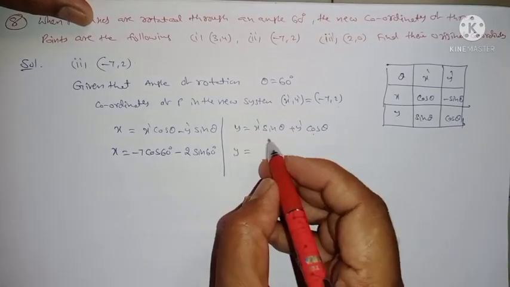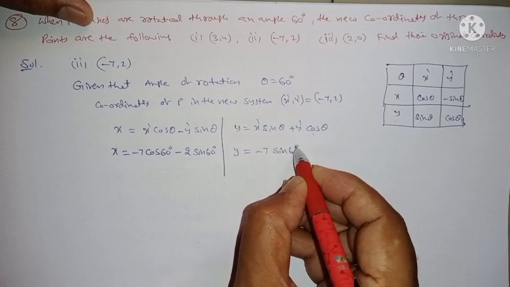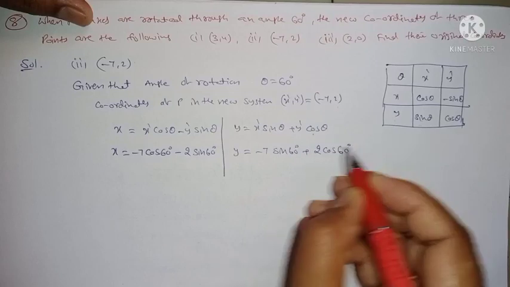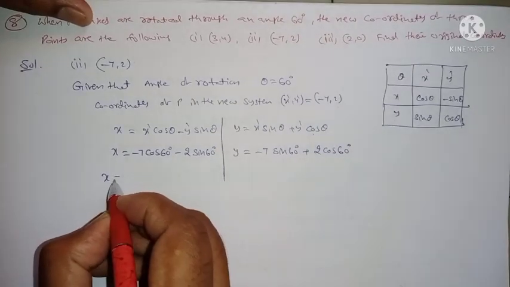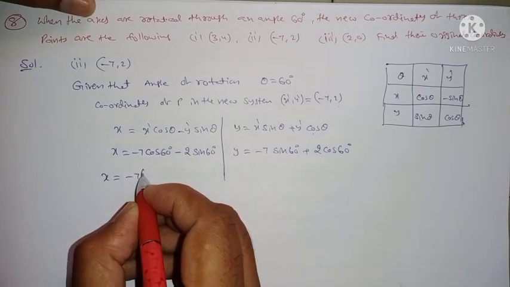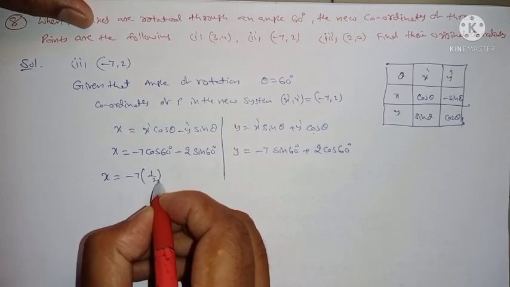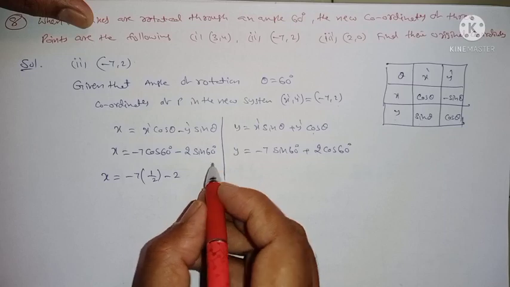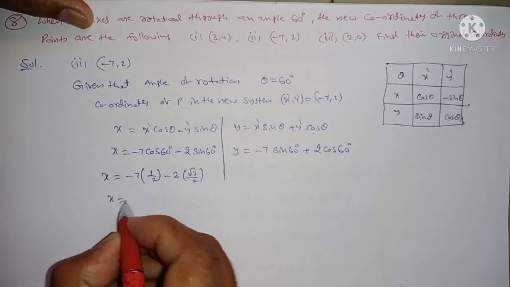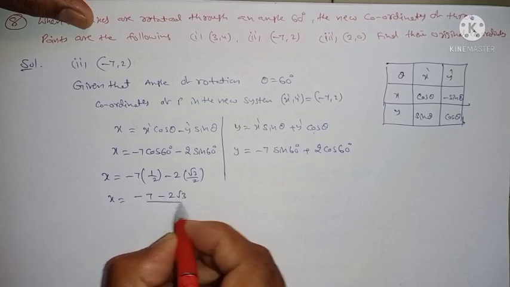Again y is equal to x dash sin theta plus y dash cos theta, that is minus 7 sin 60 degrees plus 2 cos 60 degrees. Cos 60 is 1 by 2 and sin 60 is root 3 by 2. Therefore, x is equal to minus 7 by 2 minus 2 root 3 by 2.